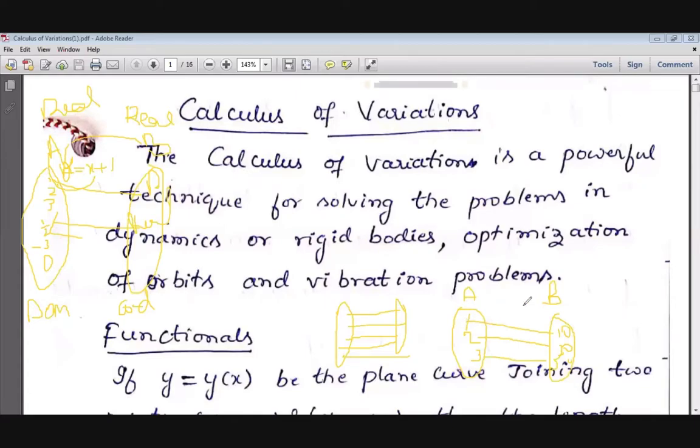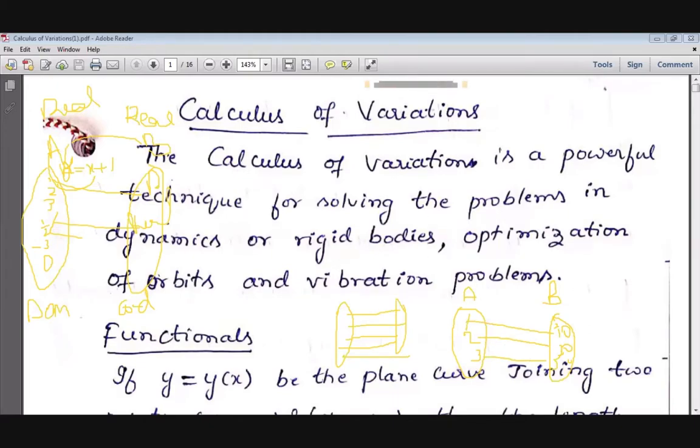So if you have 1, 2, 3, 4 up to infinity, the full set is the codomain. Only the mapped elements make up the range. This is the function you studied in your previous classes.